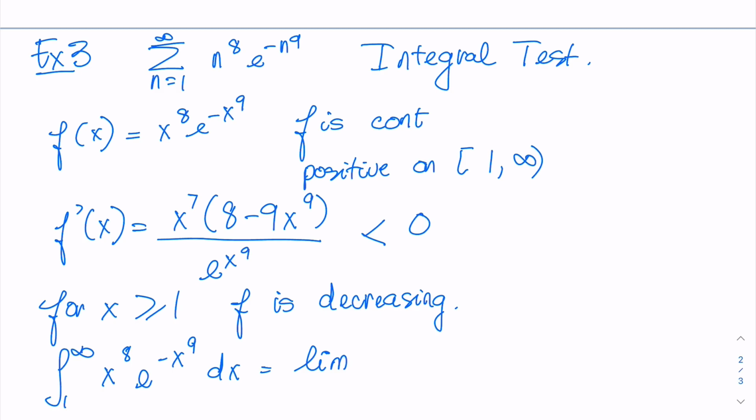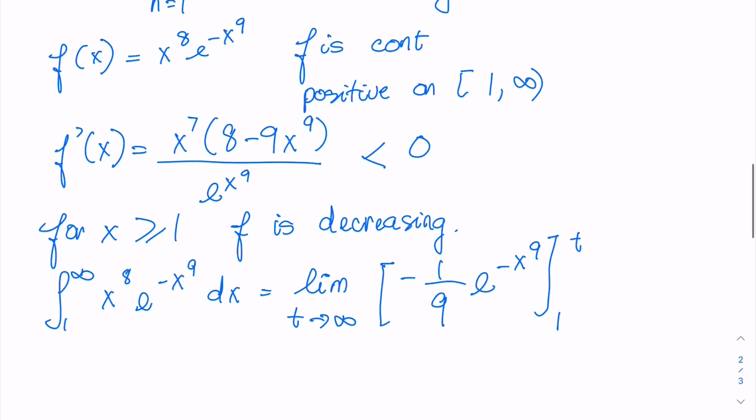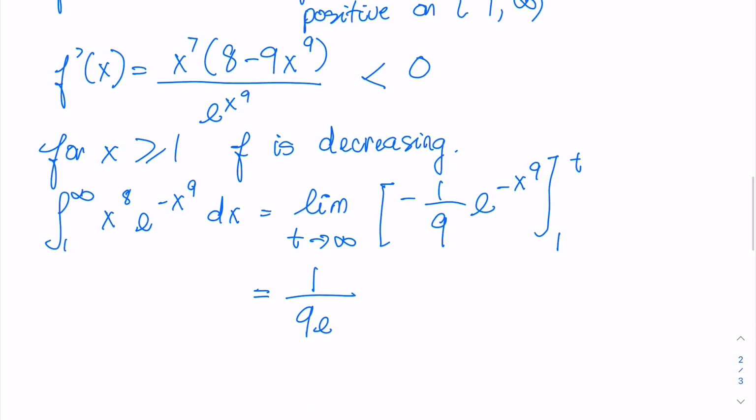So taking the limit as t goes to infinity, and then I have negative 1/9 using the u substitution. I came to that function, and then we want to evaluate from 1 to t. So it's going to give us 1 over 9e. Therefore, this series converges.